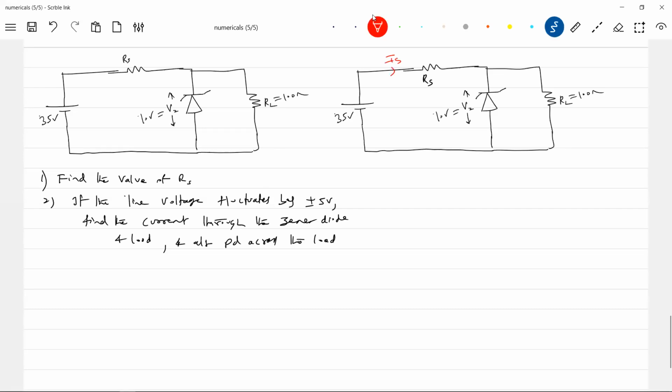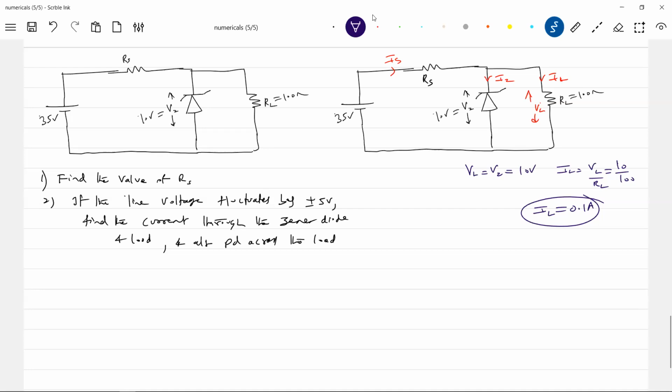This is IS, this is IZ, this is IL. Do we know IL? Yes, the Zener diode and the load are parallel, no? So what is the drop across the load? VL must be equal to VZ. So from that, what is IL? IL equal to VL by RL. VL is 10, so 10 by 100, 0.1 ampere is IL.